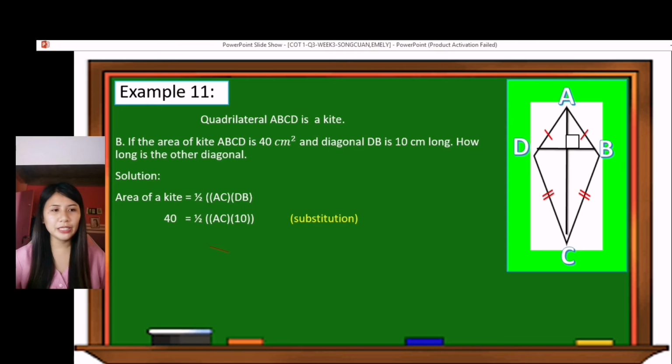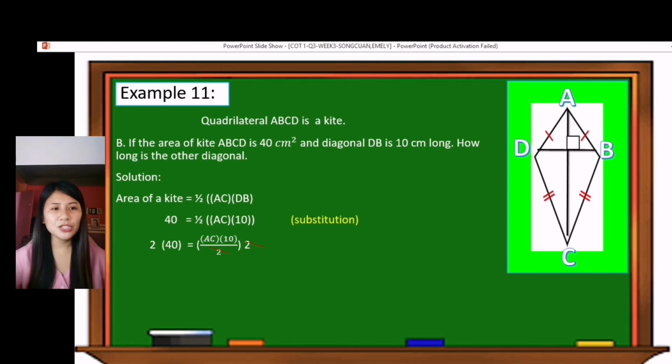So we have 40 is equal to 1/2, times the unknown diagonal AC, times the diagonal DB, which is 10. Bring down 40 is equal to AC times 10 divided by 2.